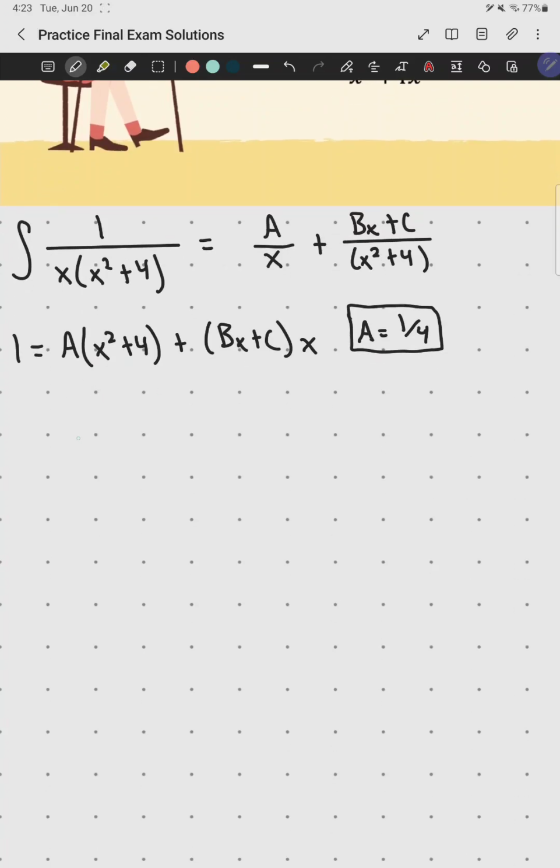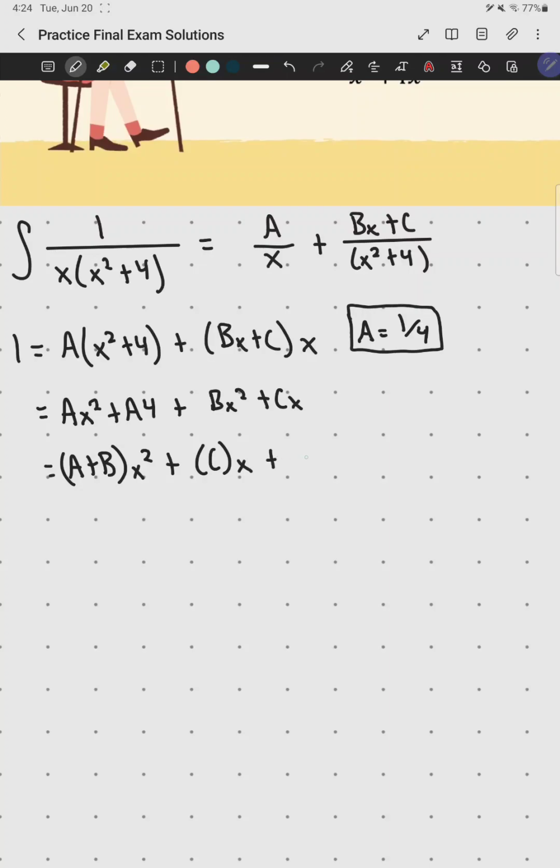If we do our next step here, which is ax squared plus 4a plus bx squared plus cx, combine like terms: a plus b times x squared plus cx plus 4a. Okay?